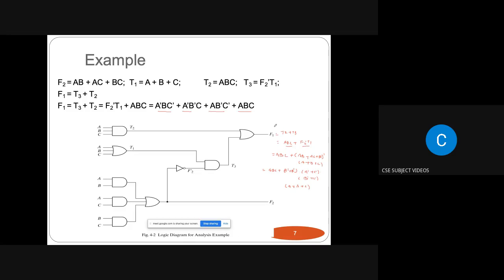So the final Boolean function is in the form of the input variables, and F2 is also in the form of input variables, AB plus AC plus BC. So we have to consider only the input variables in the final Boolean function. So this is the Boolean function which we have obtained.